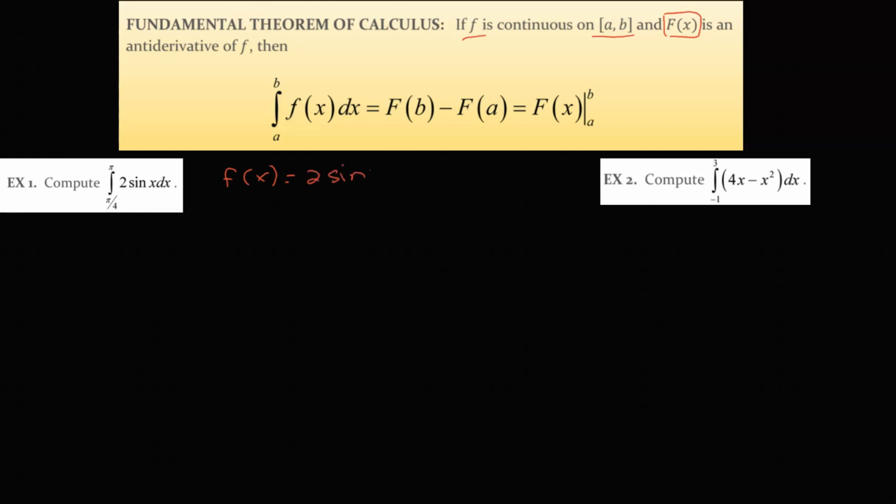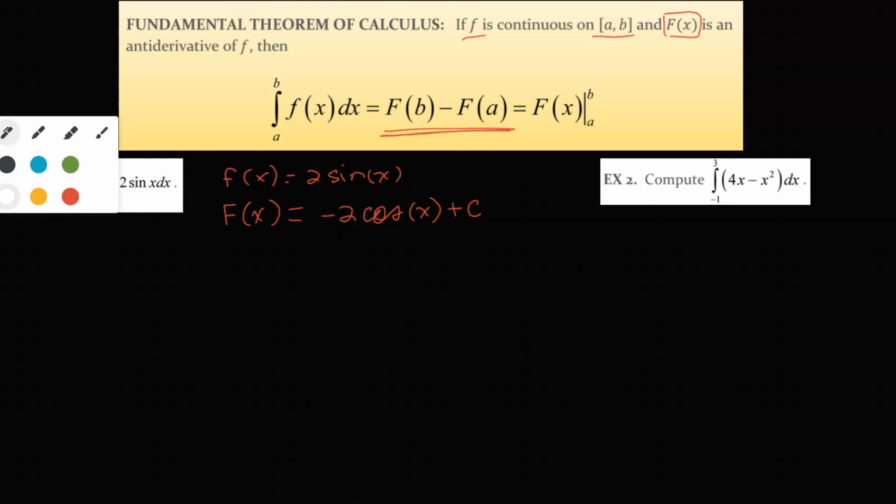Then the antiderivative, as you have seen before, is going to be negative 2 cosine of x plus c. So what is this theorem saying? It is just F of b minus F of a.